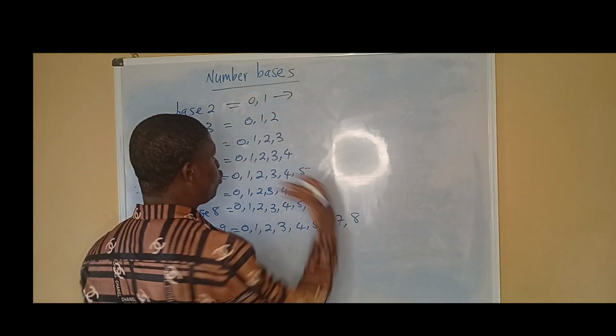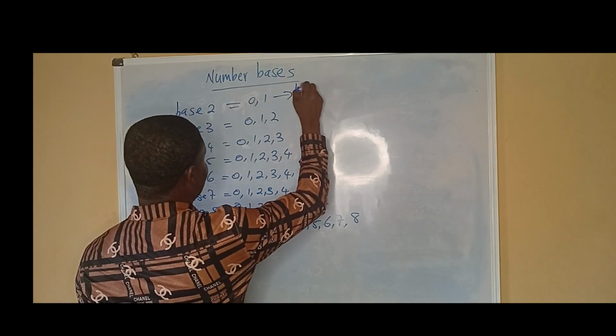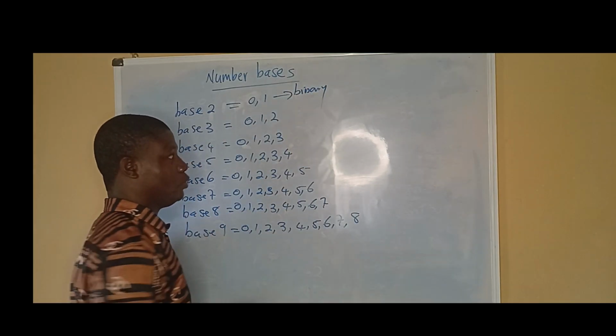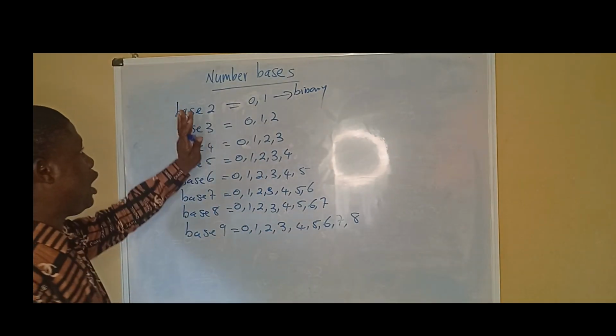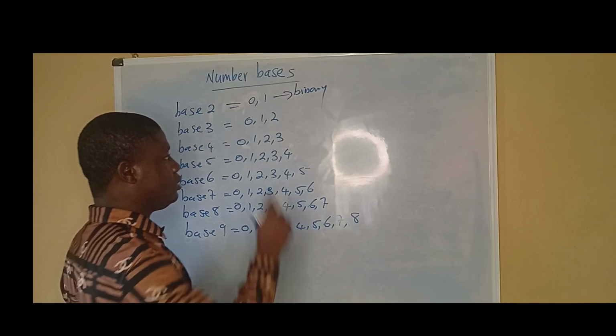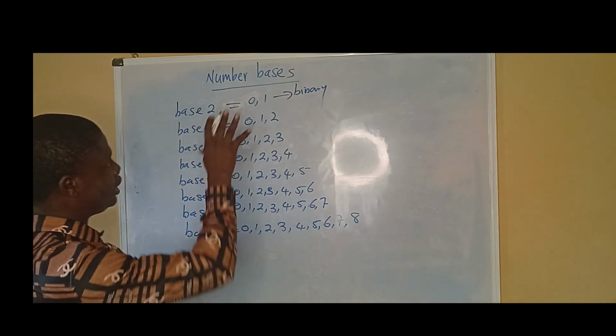Base 2 numbers are also called binaries.